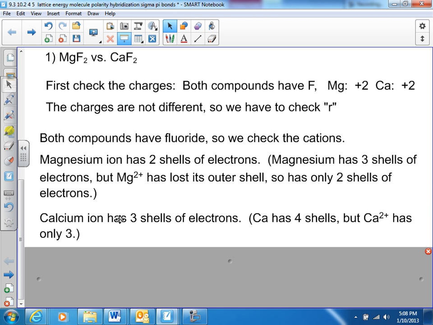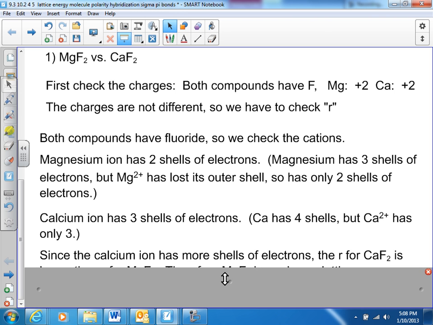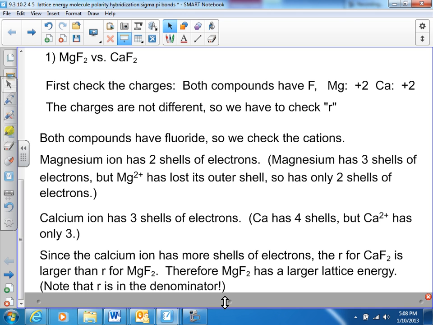Which of these is bigger, 2 shells or 3 shells? That's right, 2 shells is smaller and 3 shells is bigger. Since the calcium ion has more shells of electrons, the R for CaF2, calcium fluoride, is larger than the R for magnesium fluoride.